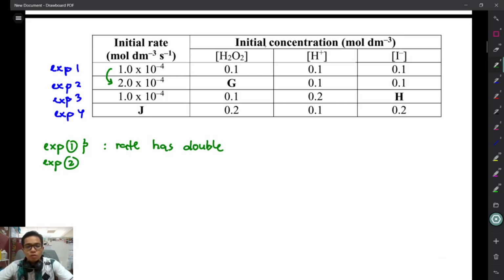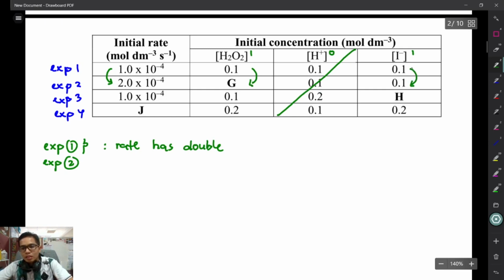Then the order of reaction for H2O2 is 1, this one is 0 order, and I minus is 1. Remember, 0 order has no effect, so we can close our eyes and ignore it. For H2O2, we want to find G, so it is unknown.